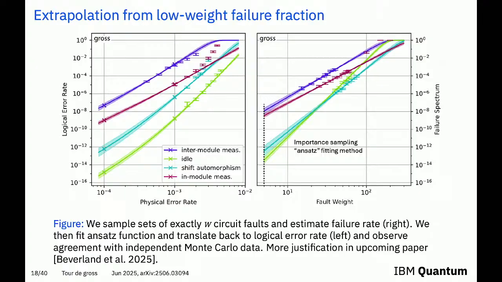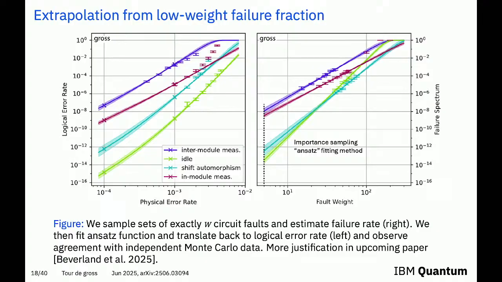I do need to note that we have a few more data points up here for high fault weights that we did not use for fitting this curve, but if we do include them, then the resulting curve is actually better. So it gives us lower logical error rates.